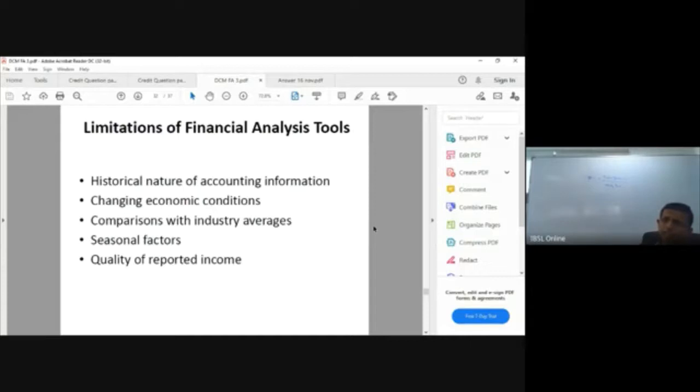There are companies that did well in 2019, right? If we do an analysis in 2020 with the figures of 2019, we may think that this company is very good and we can offer good credit facilities to it. That is based on historical figures.